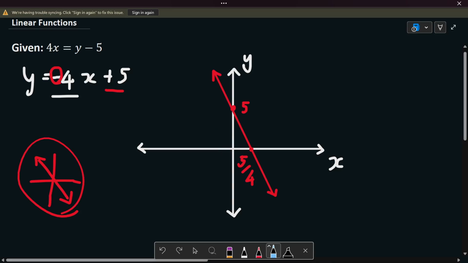So therefore, we have plotted our function, but we haven't finished yet. Remember, we have to label it as well. We're going to say that y is going to be equal to negative 4x plus 5. Now, you probably have a question saying, but Dylan, what about this equation over here?